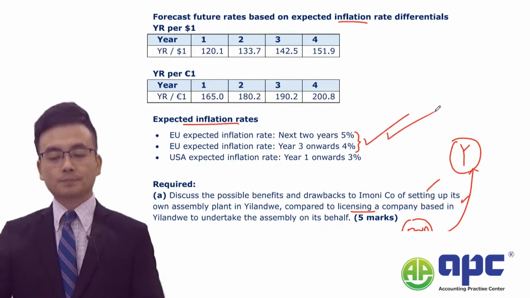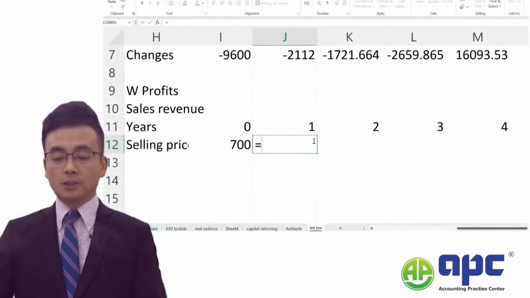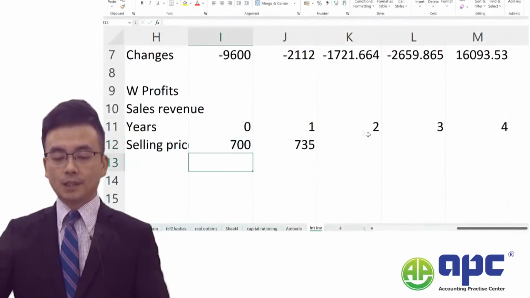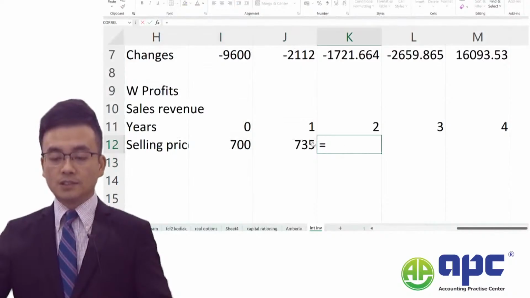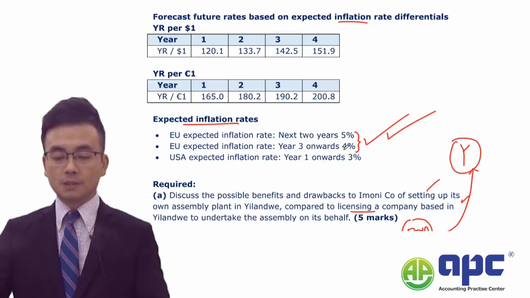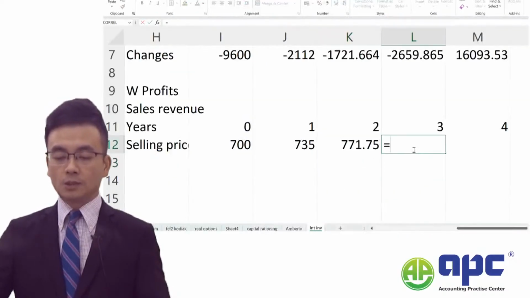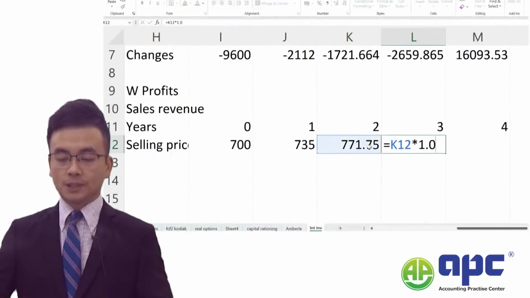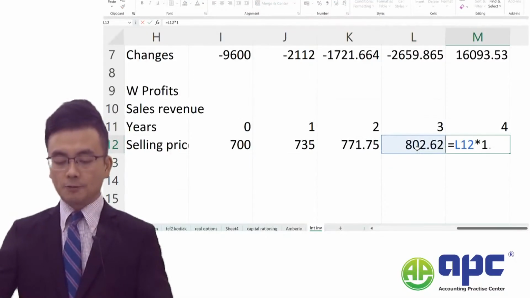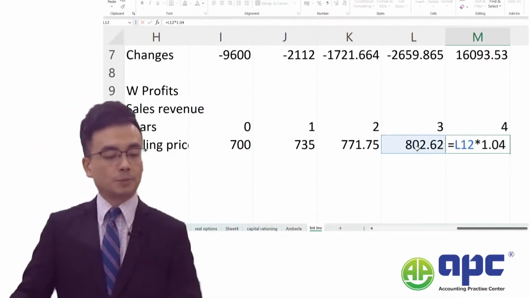So it equals 700 times 1 plus 5%, then 735 times 1 plus 5%, and from year 3 onwards the year 3 price times 1 plus 4%.